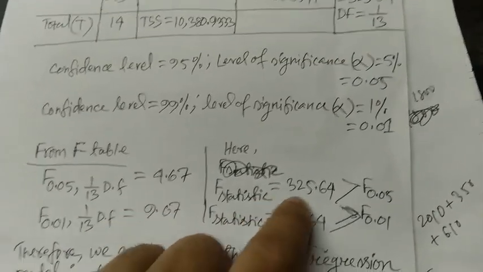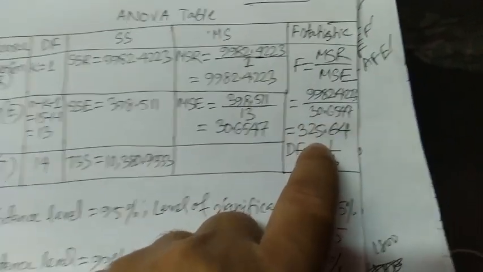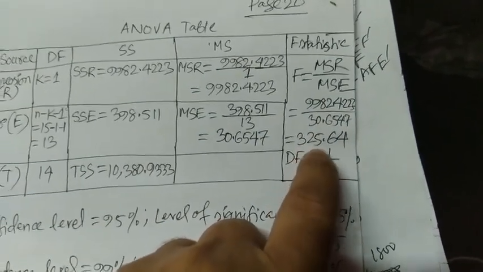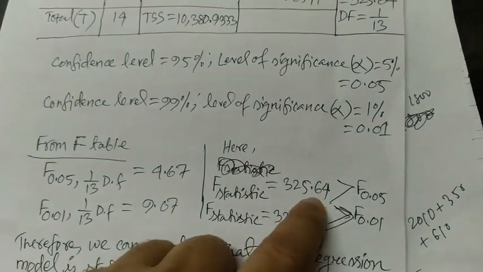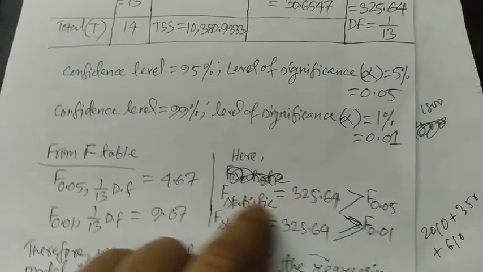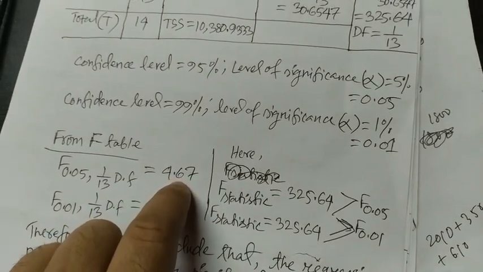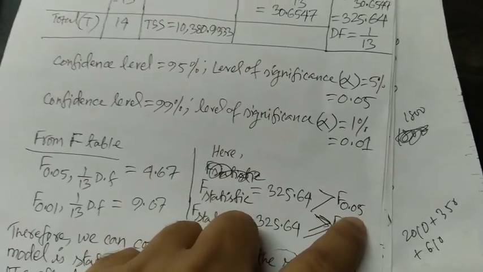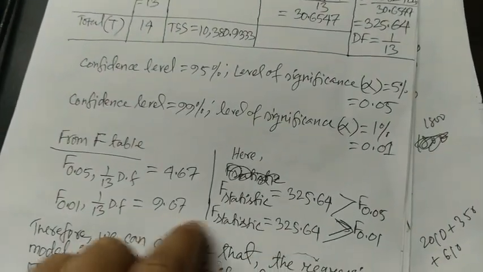Here you can see the F statistic value, the calculated value of F, is 325.64. So F statistic value 325.64 is greater than the table value of F, that is 4.67. Again, this one is also greater than 9.07.